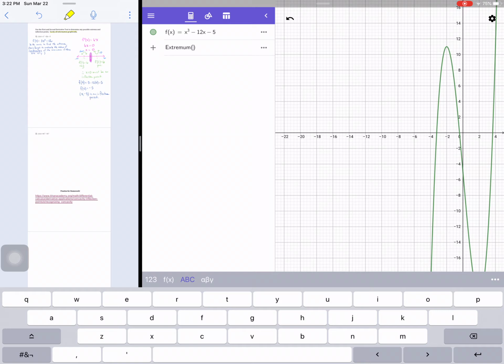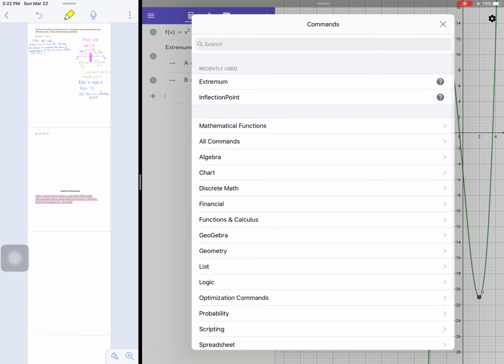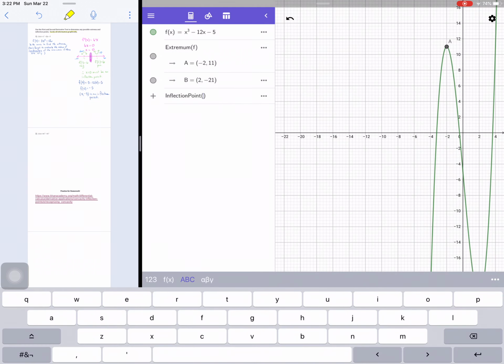After you hit extremum, you hit f for the function, f of x here, and you can check whether the extremum points you found at the beginning of the lesson were correct, at (-2, 11) and at (2, -21). Then if you go back to those commands, inflection point is also a command.